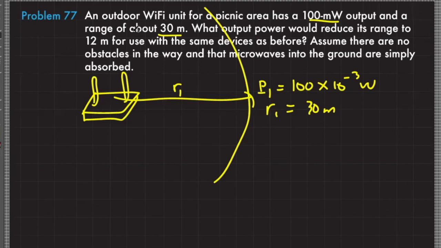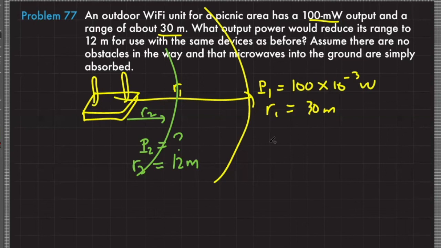But before that, let me draw the other case wherein we reduce its range to 12 meters, but it wasn't mentioned that we reduce its intensity. The intensity is still the same. Its new range, R sub 2. We're looking for P sub 2, given this new range, R sub 2 equal to 12 meters. So it is the same intensity delivered at range 1 and range 2.